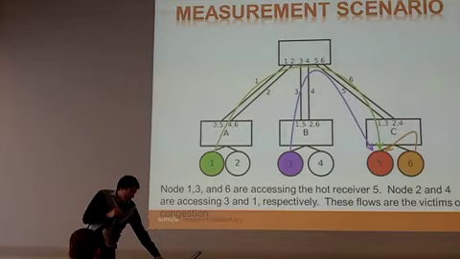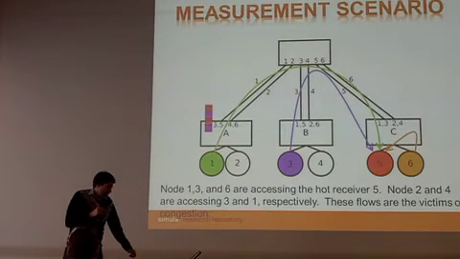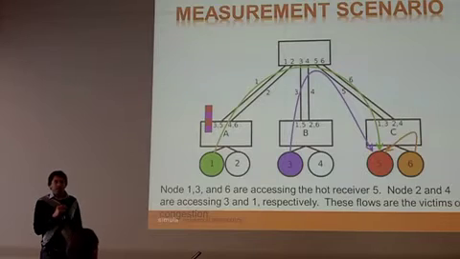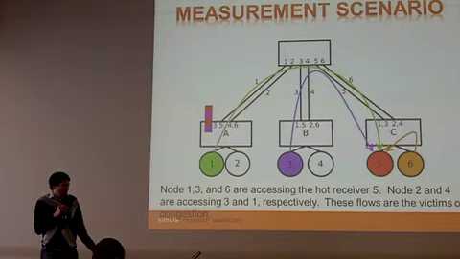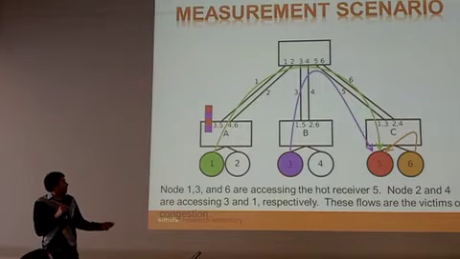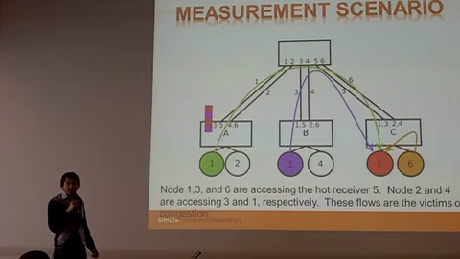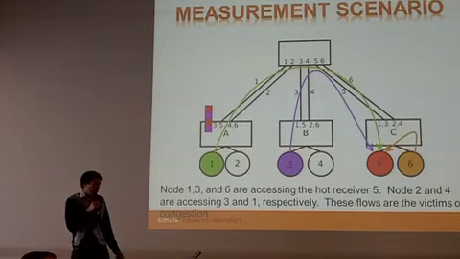For flow 2 to 3, this happens in switch A, so we see a similar scenario as we saw in the simpler example. But this time, since the flows from 2 to 3 and 1 to 5 are sharing the same upwards link in the fabric, flow 2 is head-of-line blocked by flow 1, since this flow is accessing the hot receiver.